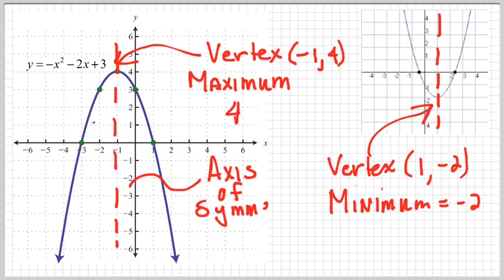That vertical line is an equation, and that equation is x equals whatever x value it goes through. For the graph on the left, it goes through x is -1. That's the equation of that dotted line. On the graph on the right, this dotted line goes through x is 1, so that is the equation of the axis of symmetry.